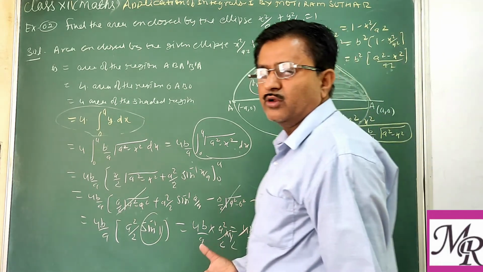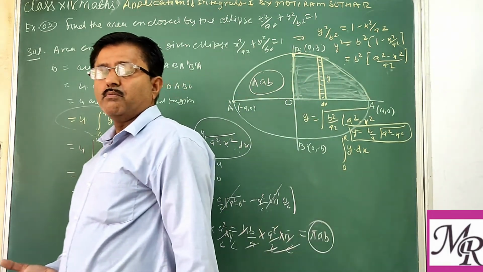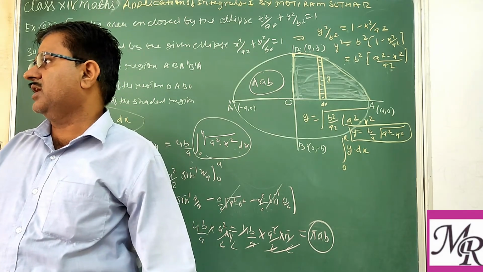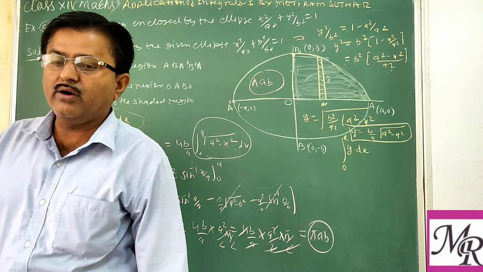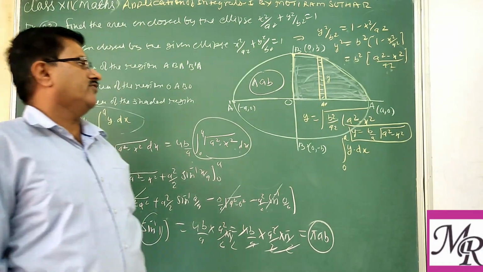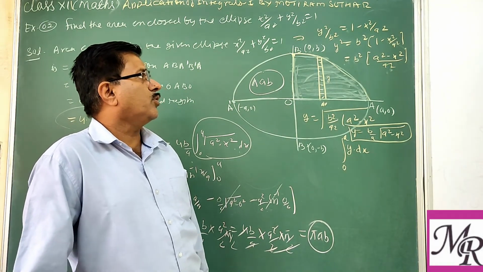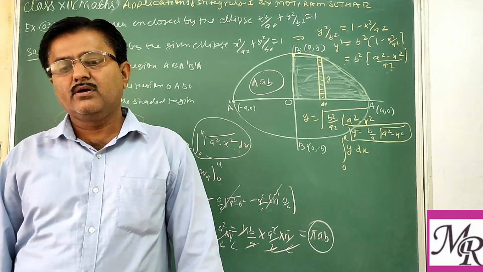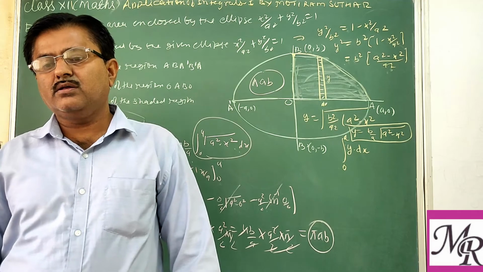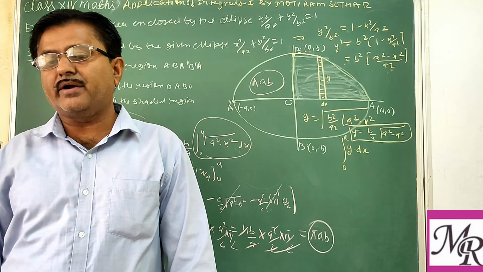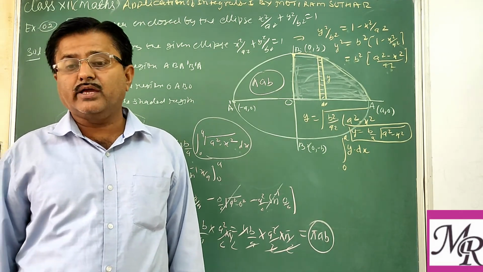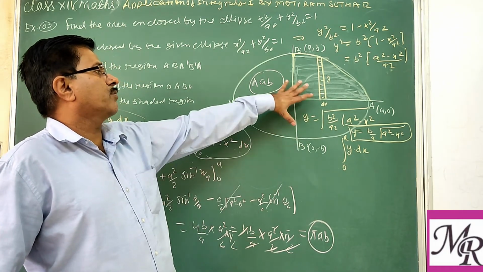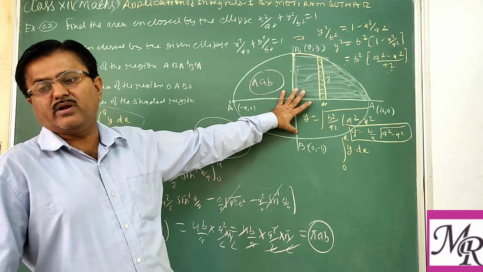Whenever we are discussing the circle and ellipse, we already know the figure. But there are some curves whose standard figure we don't know or are not familiar with. For such problems, you may draw the graph on graph paper by taking suitable points like x equal to 1, 2, 3, or y, then the corresponding values, and plot the points on the graph paper.